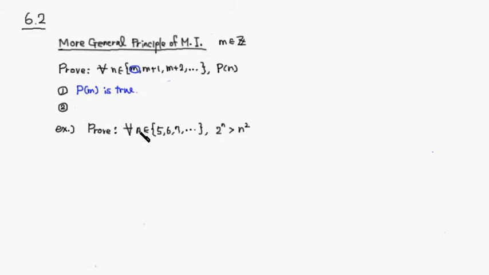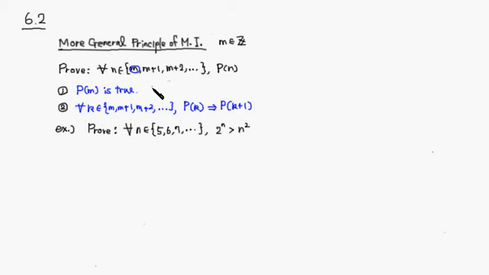Then, as usual, we have to make sure that for two consecutive ones there's an implication. So for all k starting from m, so m, m plus 1, m plus 2, and so on, P(k) implies P(k plus 1).